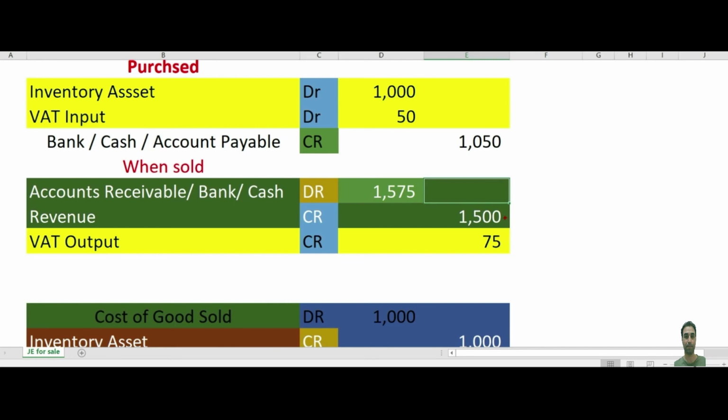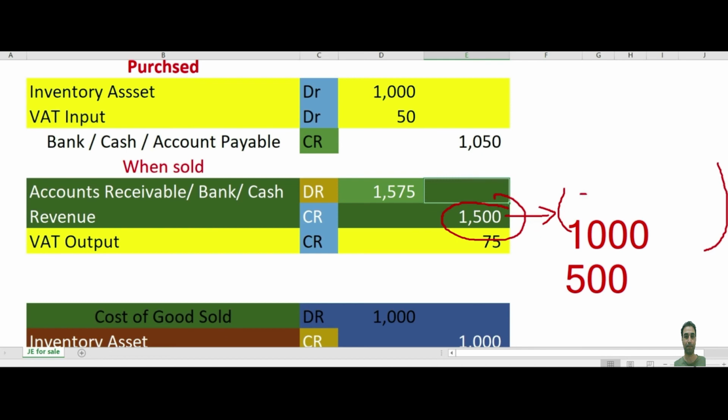Okay, one more thing that I want to discuss with you is this revenue has two parts. What are they? I think you know, 1000 and 500. Just for the sake of understanding, I am doing this. If you disintegrate it, or if you dig deep, you will see it.